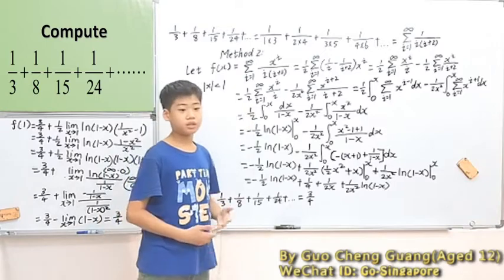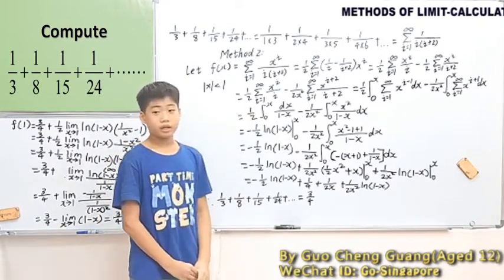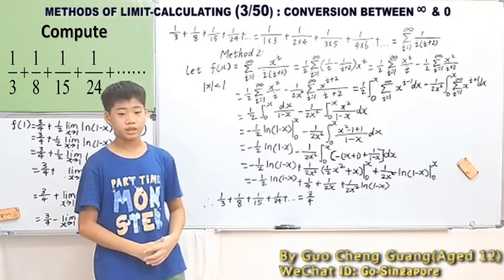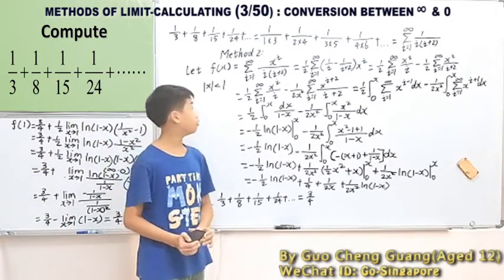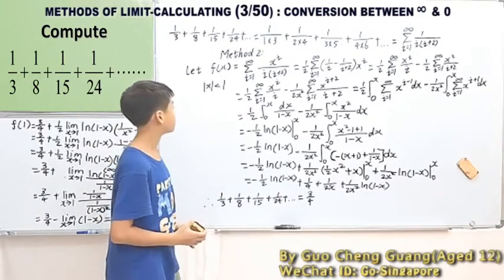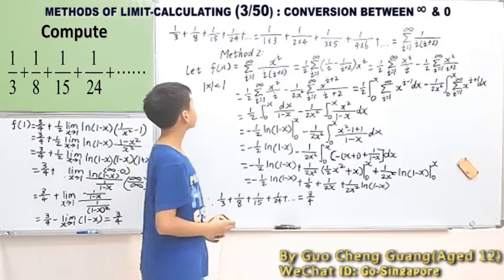You can have different ways of using them. Okay, so for this, we're going into the third method. From this first step, I'm going to change it a bit. For the rest, I'm going to erase them.